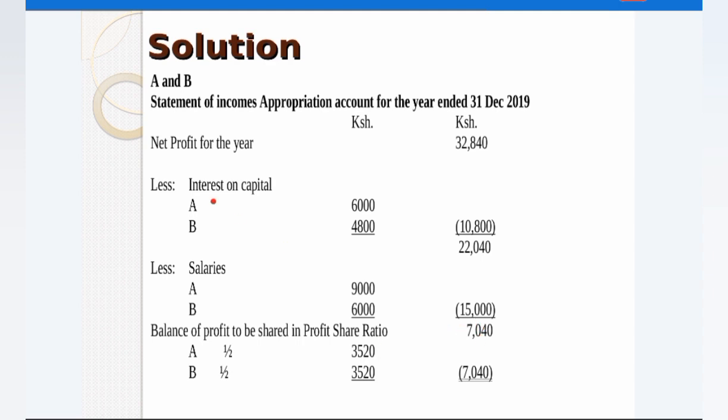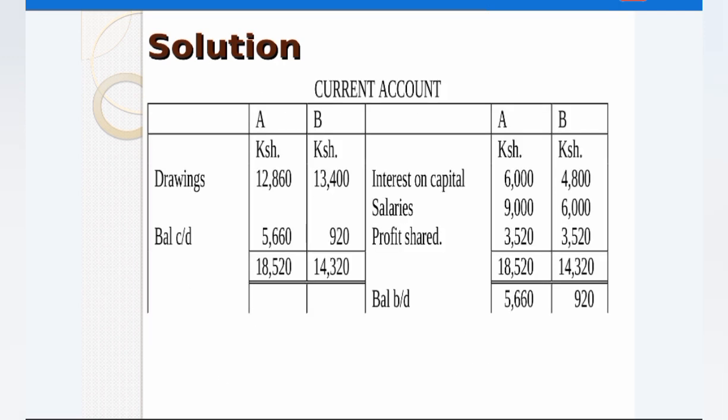So the remaining profits after paying interest on capital and paying salaries is 7,040, which we should pay equally, and therefore each partner should receive 3,520, so that now the total for the two partners should be 7,040. So this is the appropriation segment for that illustration. And of course, the required number 2 is to prepare a current account.